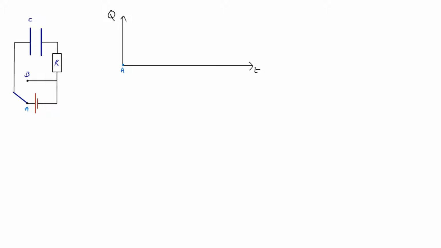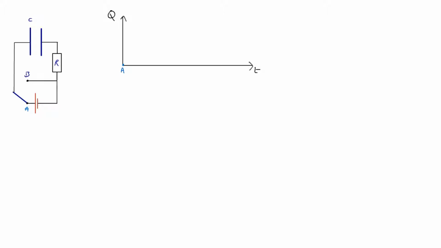It's a bit like the discharge in the sense that at first it's going to flow on quite quickly because you've got a lot of potential difference pushing it on. But of course, as charge builds up, it's going to be more difficult to push more charge on. And so the rate is going to slow down until it reaches the maximum amount, which is when the potential difference across the capacitor is equal and opposite to the potential difference across the power supply.